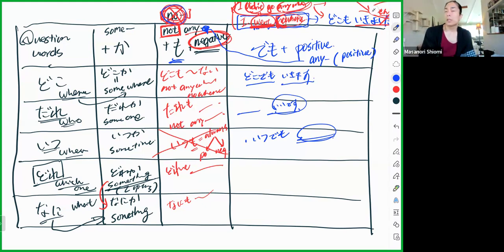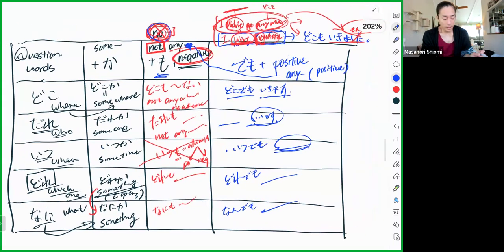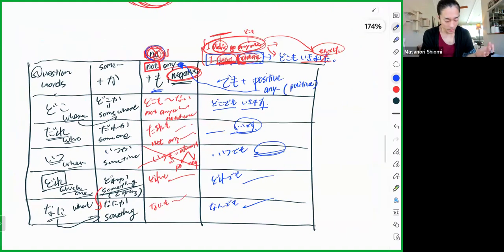Just come visit me anytime. どれでもいいです。どれでも。Anything is fine. Just choose one of them. 何でもいいです。Anything. What do you want to do? 何でもいい。Anything is fine. I say that all the time, and my friends get frustrated because I don't give any specific ideas.